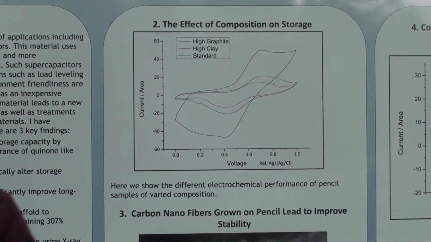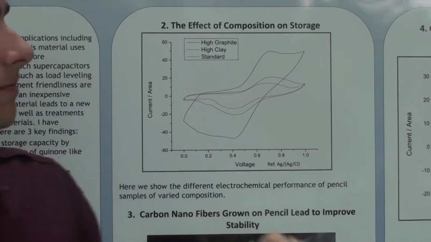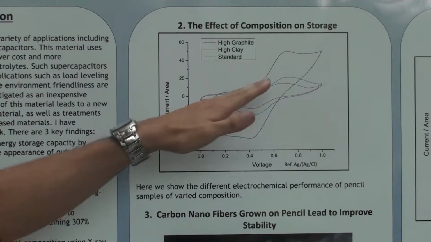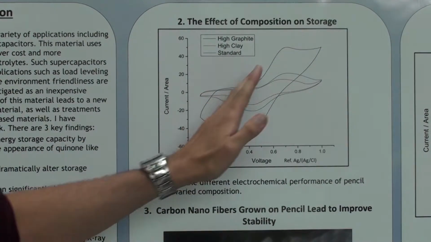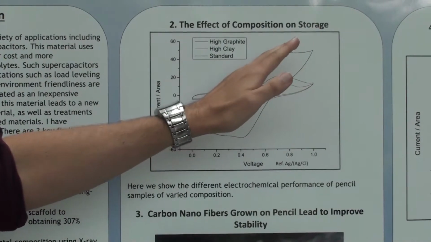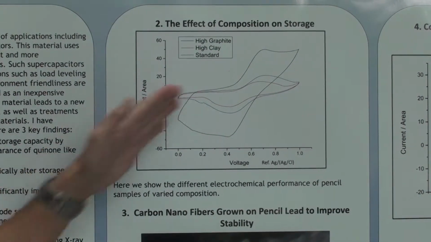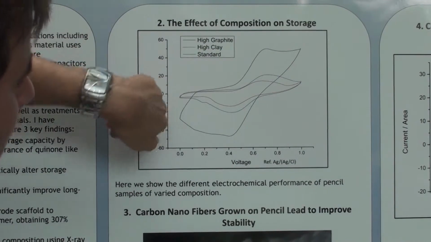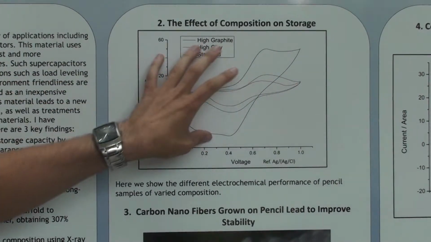So that's just the flow of electrons. And so we're seeing that current, and we're seeing a charge increase as we go up, and then this is the oxidation that happens, and then we sweep back from 1 to 0 and get reduction.